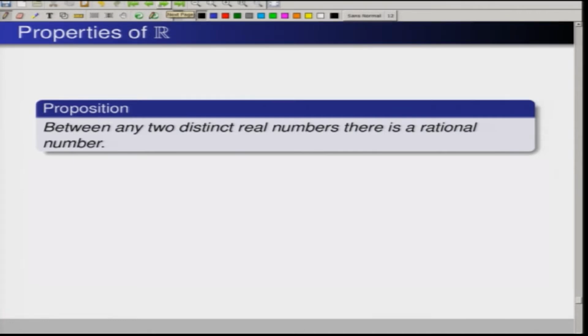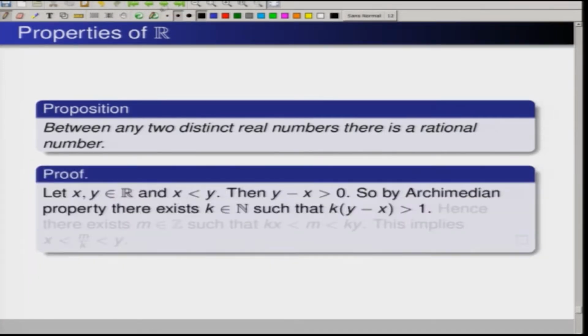So, you take x and y real numbers, and without loss of generality take x strictly less than y, so y minus x is greater than 0. By the Archimedean property, there will always exist an integer k such that k times (y minus x) is strictly bigger than 1.